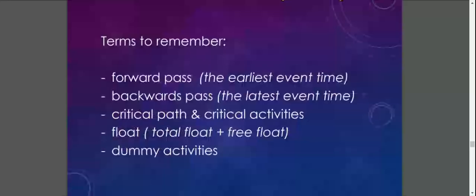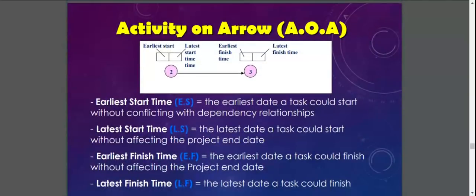It must have a forward pass, the earliest event time, and a backward pass, the latest event time. Critical path and critical activities, float, total float and free float, and dummy activities. So these are all the terms that you should remember when you do the CPM diagram.